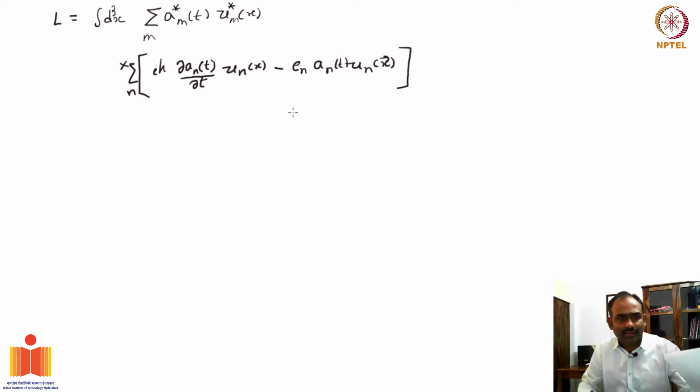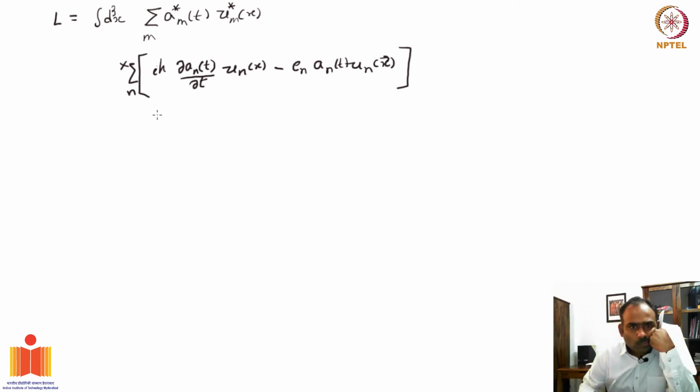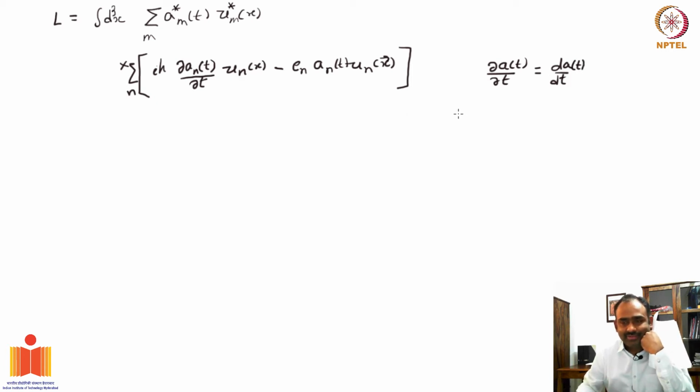Okay, let's collect some terms. So first of all, note that del a t over del t is the same as dA over dt. Okay, there is no distinction because a is a function of t only. It doesn't have some other dependence. I mean, you can look at this in more detail.